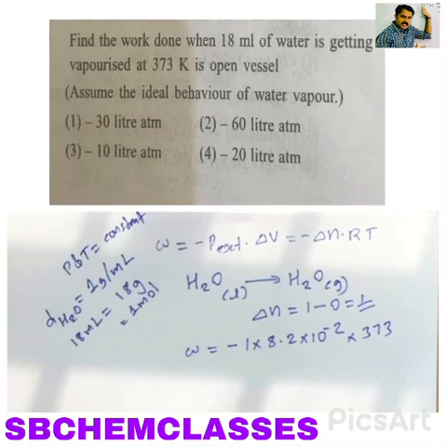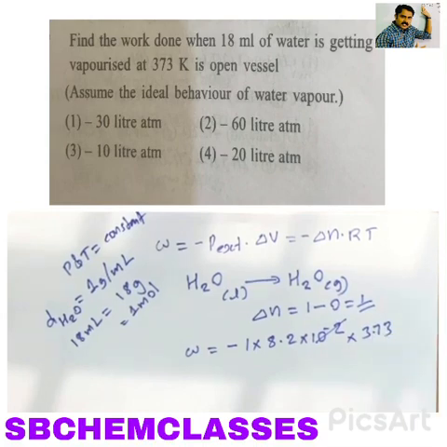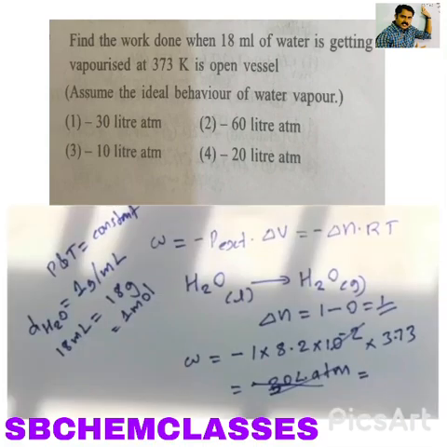We can go through the calculation: 8.2 into 10 raised to minus 2 into 373. If we multiply, the answer will be minus 30 liter atm. That is option 1.